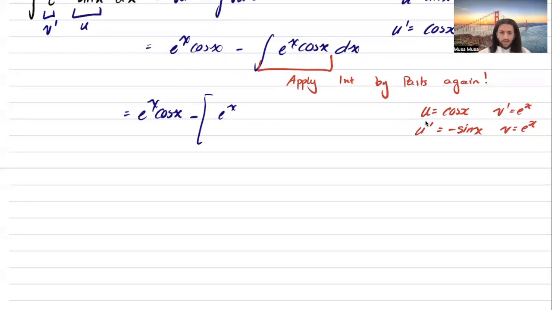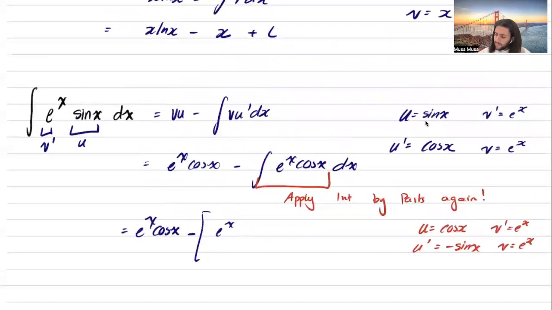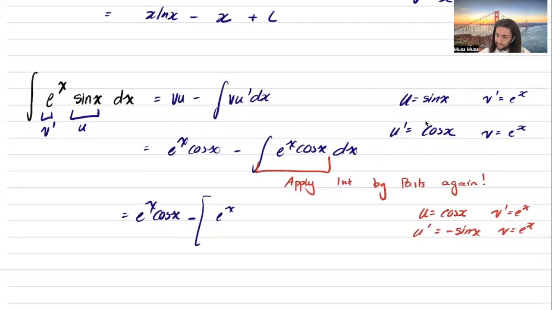Hold on, did I mess up something here? Oh yeah, this here should not be that. I think I did this wrong. It's vu, so that should be e to the x sine x like this.